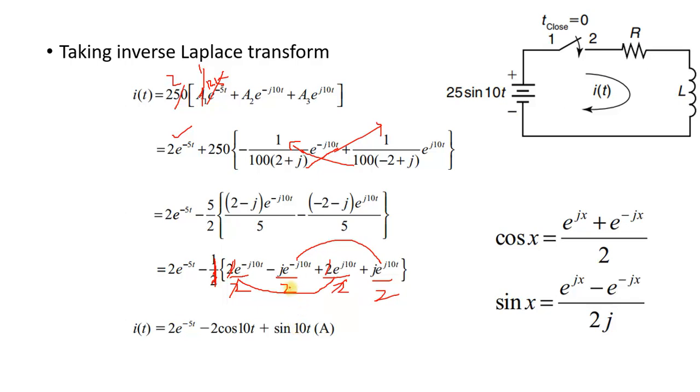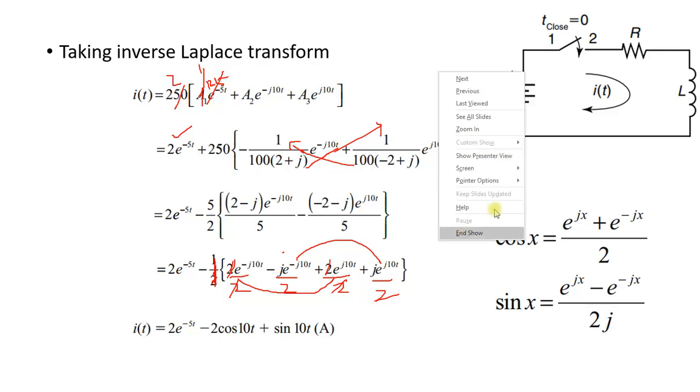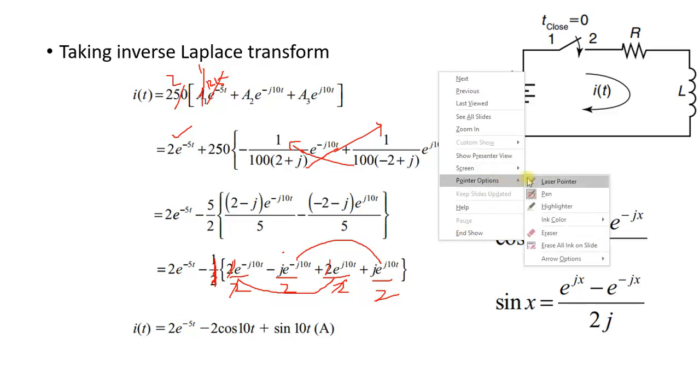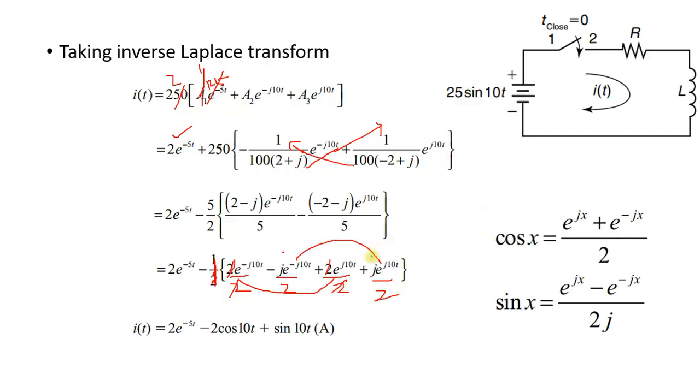Okay, so now from these two equations, now you understand. From these two terms, take j outside. That j is going under minus 2j to the denominator, so this minus and this minus will cancel each other and put plus, so this term is replaced by sin 10t.